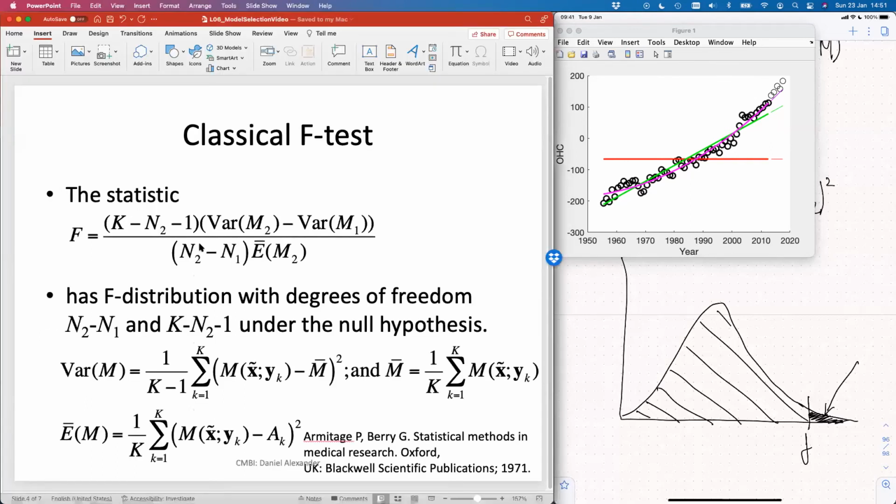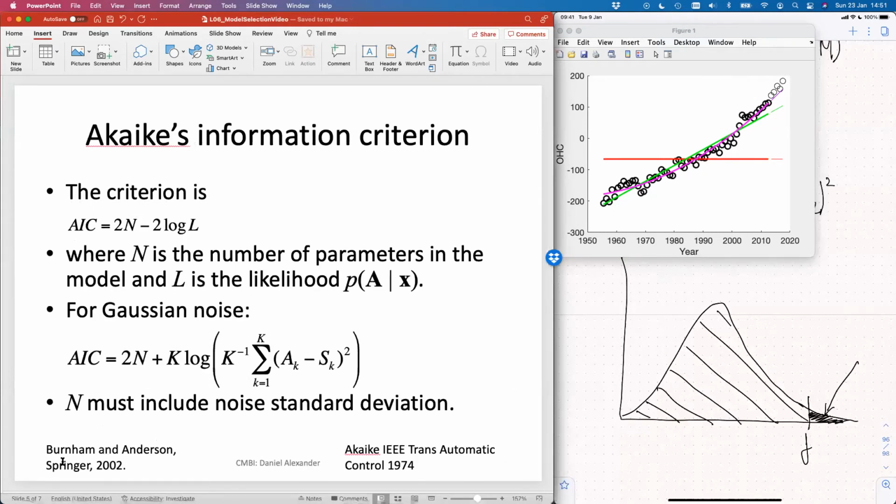Okay, so let me go back to the PowerPoint here, and we're going to look at the next technique. The next class of technique that we'll think about are called information criteria, and we're going to focus on one particular one, which is called Akaike's information criterion.